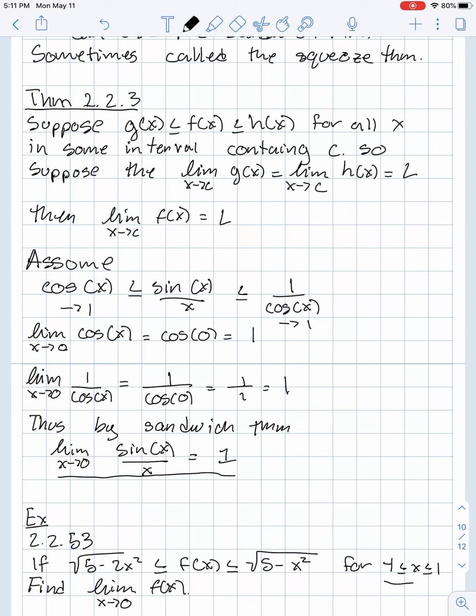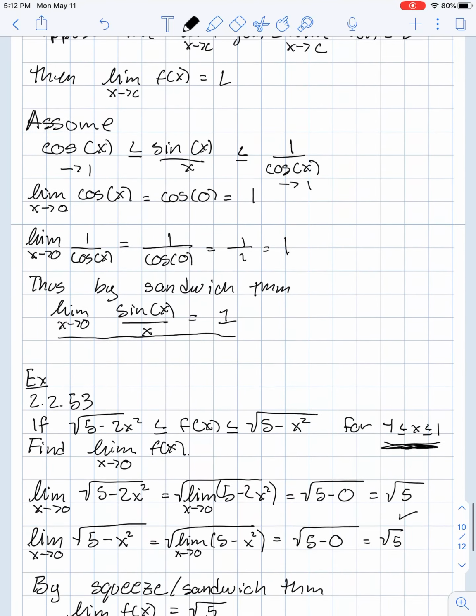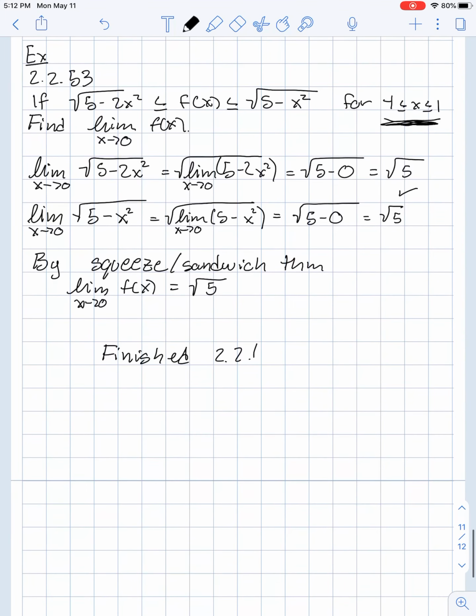This is our small interval. Remember how we were told that this less than line holds true for all x on some interval. That's what this interval is. Don't get too hung up on it, okay? That's just our small interval that contains c. We're asked to find the limit as x approaches 0 of f of x.